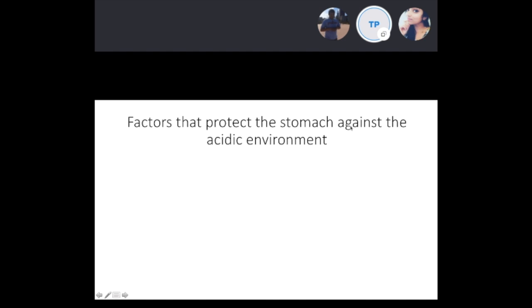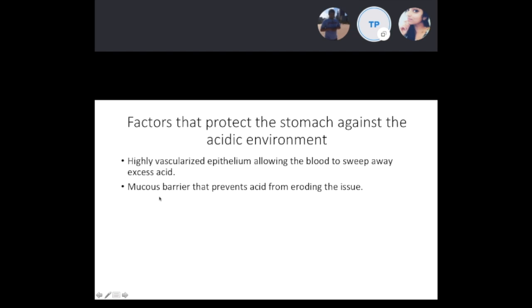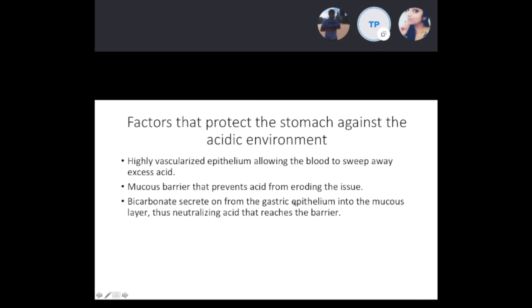So, factors that protect the stomach against the acidic environment. That would be highly vascularized epithelium, allowing the blood to sweep away any excess acid. And then a mucus barrier that protects the tissue from being eroded by acid. Bicarb secretion from the gastric epithelium into the mucus layer is also neutralizing the acid that reaches the barrier.